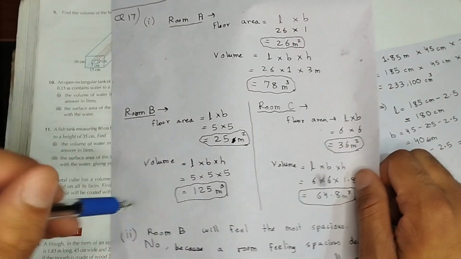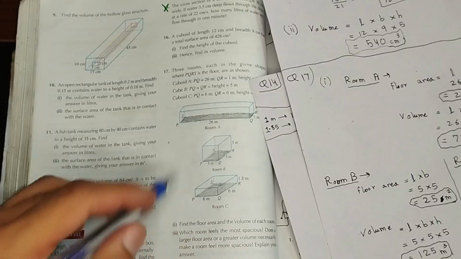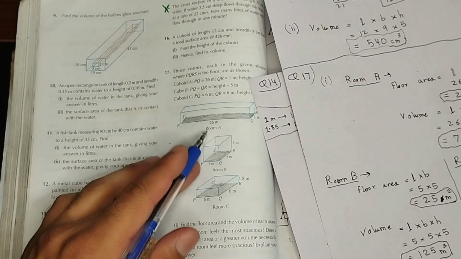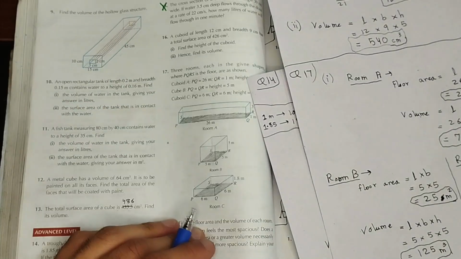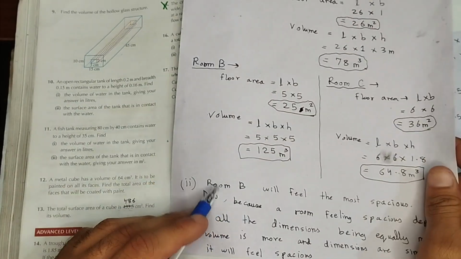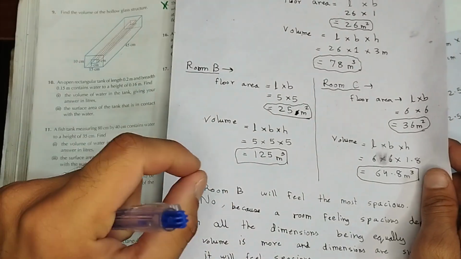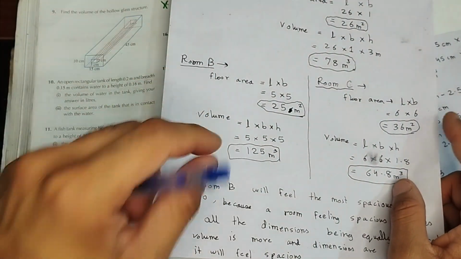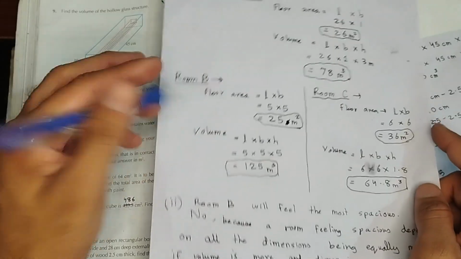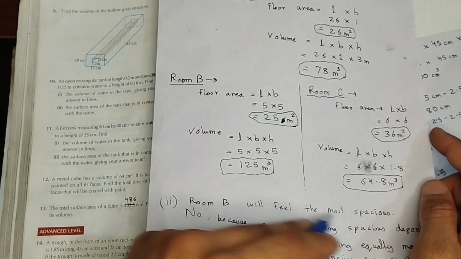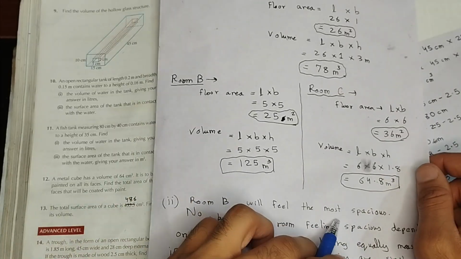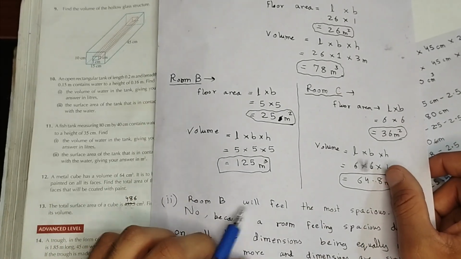So basically, this is not just about which is the most spacious. If it was about which is the most spacious, then obviously there would have been no other answer than B, because asking which is the most spacious one is basically asking which one has the most volume. So room B has obviously the most volume. That's why room B would be the answer. Room B is the most spacious one, but room B will also feel the most spacious.